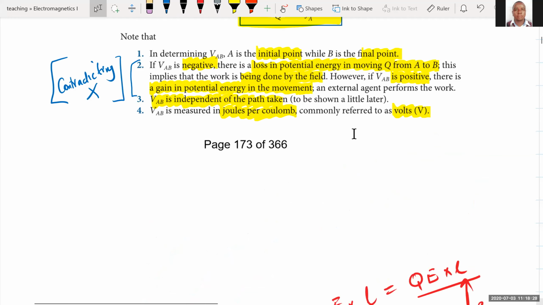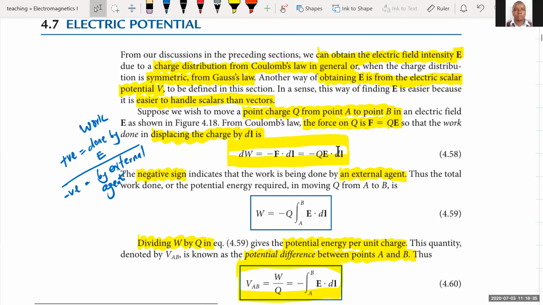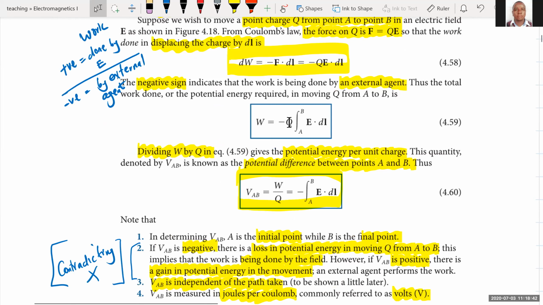So having said that, as you can see, equation 5.8 we have developed from 4.58 to 4.59. Since Q is a scalar and it is not dependent on the length, it comes out of the integral. And now if you divide both sides by Q, it gives the potential energy per unit charge.